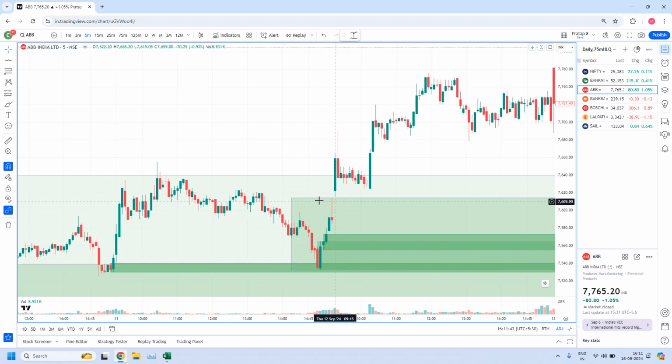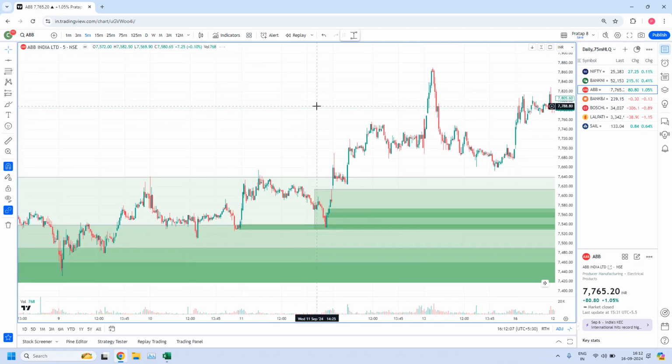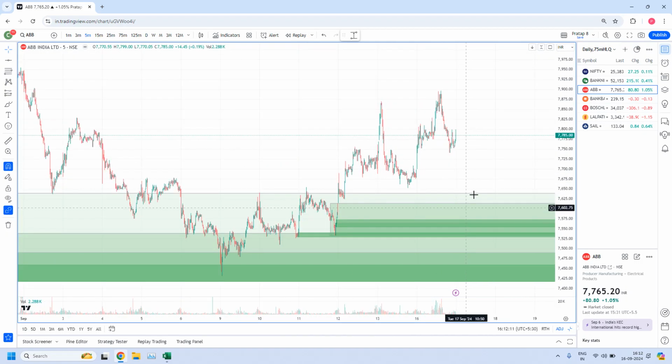And this entire 15 minute, 75 minute zone is created. Actually, this is the 75 minute zone. The entire 75 minute zone is created by picking the orders from this 5 minute zone. So this is the lower time frame zone as a horizon to the higher time frame zone. So in this zone, strong order flows might be there. But anyway, today prices didn't enter into this area. We didn't get any trade opportunities.